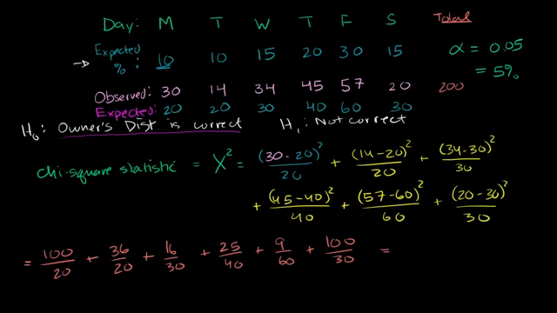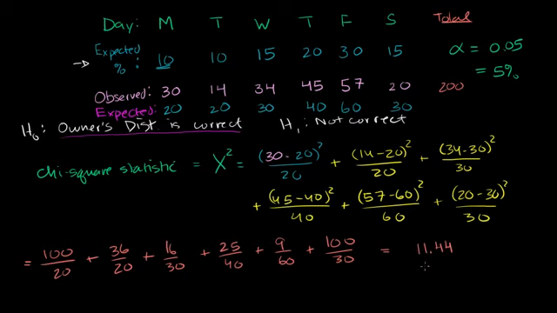So let me write that down. This is my chi-square statistic, or we could call it a big capital X squared. Sometimes you'll have it written as a chi-square, but this statistic is going to have approximately a chi-square distribution.